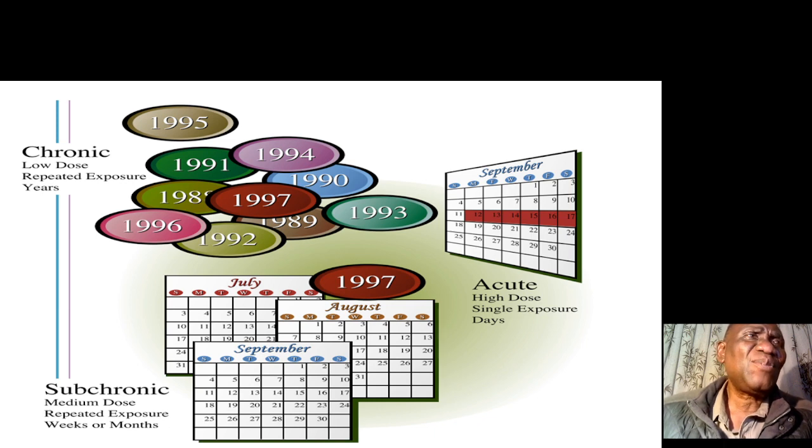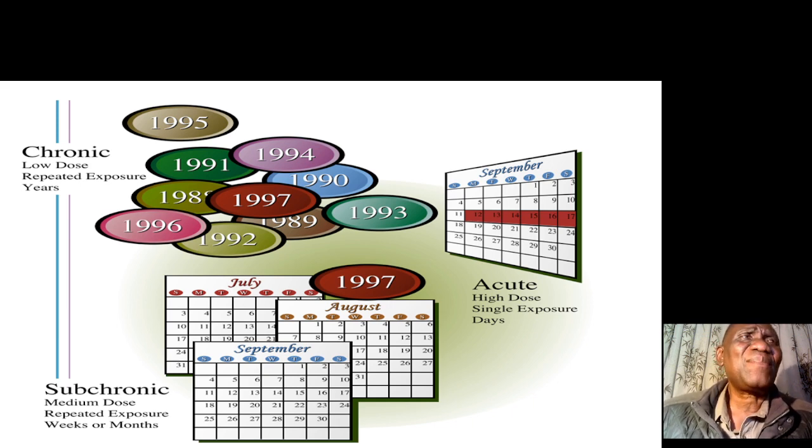Then there's something which we call subchronic toxicity. We could have repeated exposures to the pesticide over a bit of a long time. It could be months or weeks, not days.